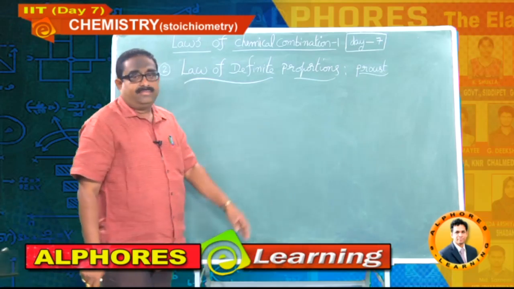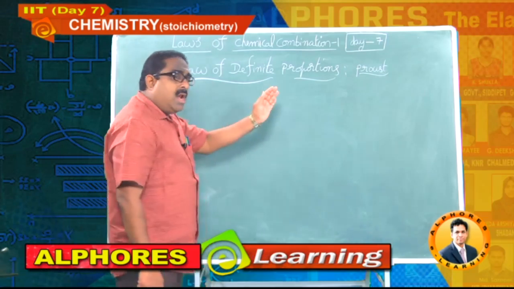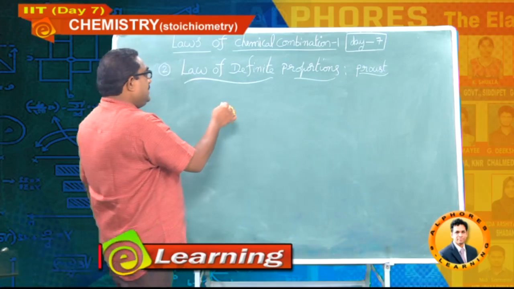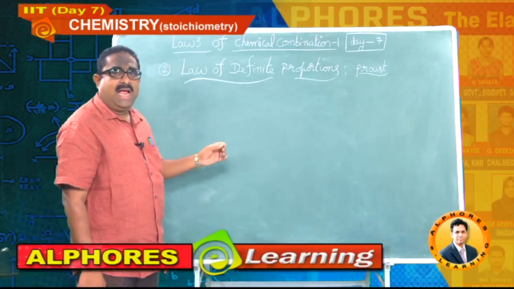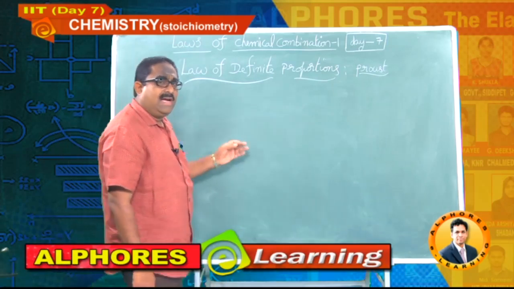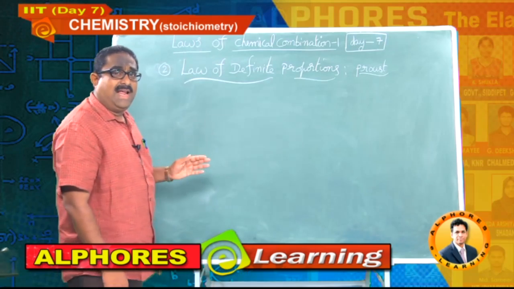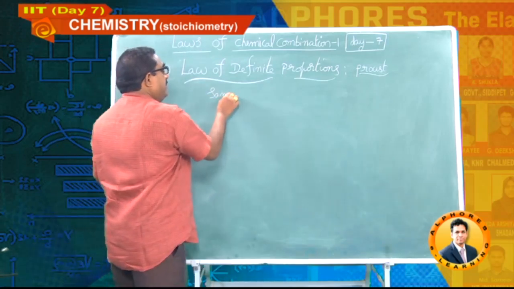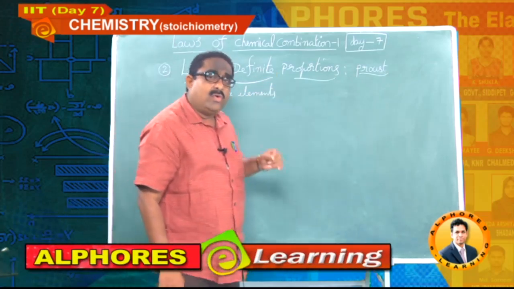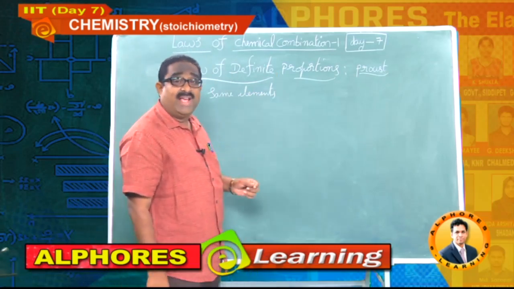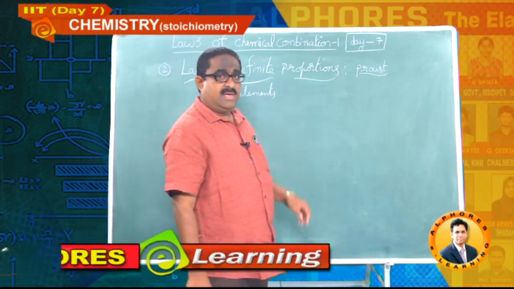According to this law, a chemical compound, write down students, a chemical compound always contains the same elements combined together in the same proportions by mass.